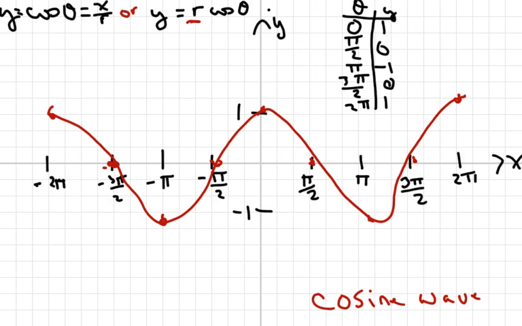So if I go back, for cosine, the period is 2 pi. That means every 360 degrees it makes the same wave, and then it's going to repeat the same wave over and over again. Same with sine.